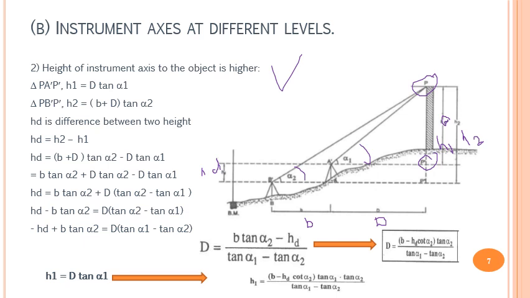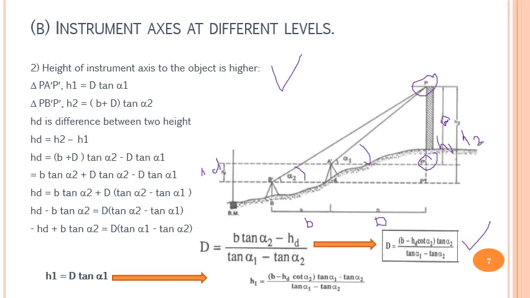D is equal to B minus HD divided by tan alpha 1 minus tan alpha 2. We are getting here another relation: D is equal to B minus HD cot alpha 2 into tan alpha 2 divided by tan alpha 1 minus tan alpha 2. Here H1 is equal to D tan alpha 1.